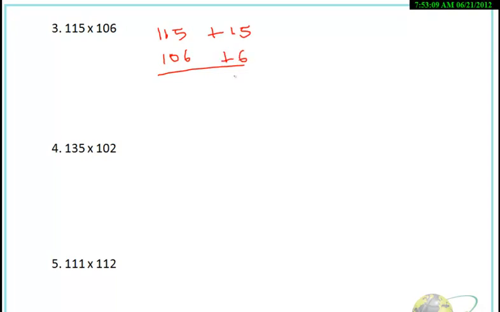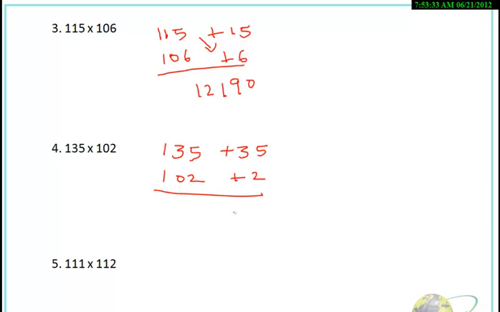It is plus 6 from 100. And 15 into 6 is 90. Then this calculation 115 plus 6 is 121. Isn't it very simple, friends? Let's do this calculation. 135 into 102. So it's plus 35 from 100 and it is plus 2 from 100. 35 into 2 is 70 and 135 plus 2 is 137.